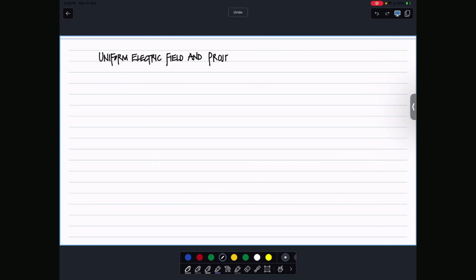We'll see why projectiles. Right, so uniform electric field and projectiles. How is it like a projectile chapter in our electric field topic, right? So let's see.